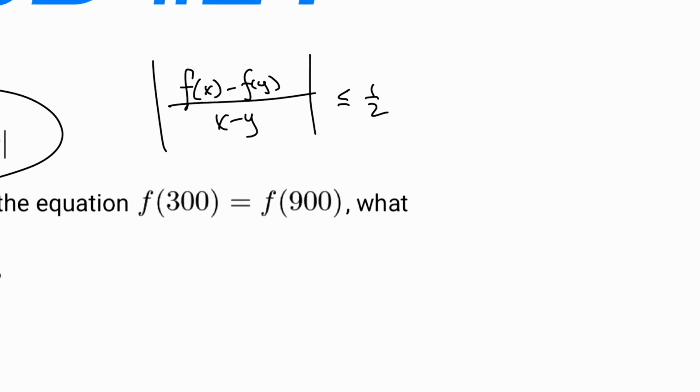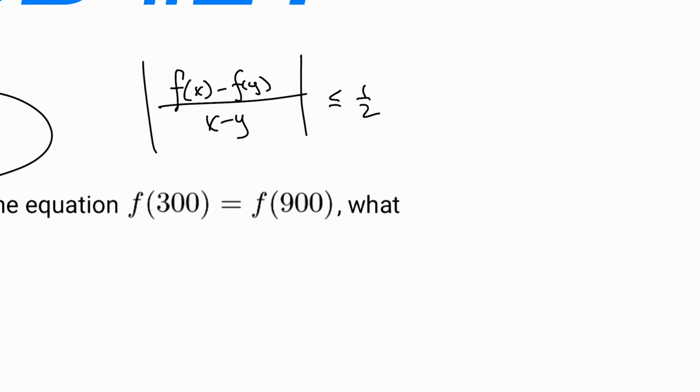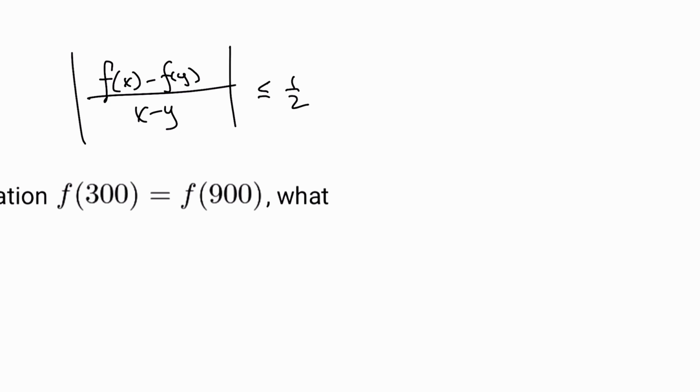This might be a little bit confusing, but the x and y are actually inputs, so if we just replace them with x1 and x2, then f of x1 minus f of x2 we can denote as y1 minus y2.